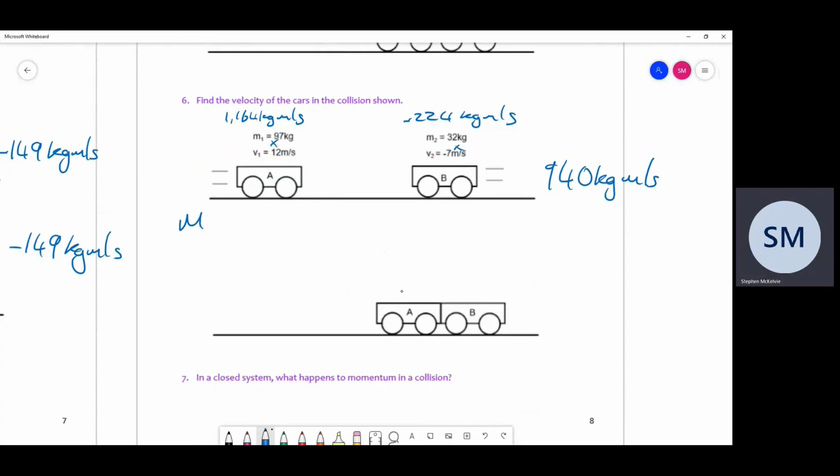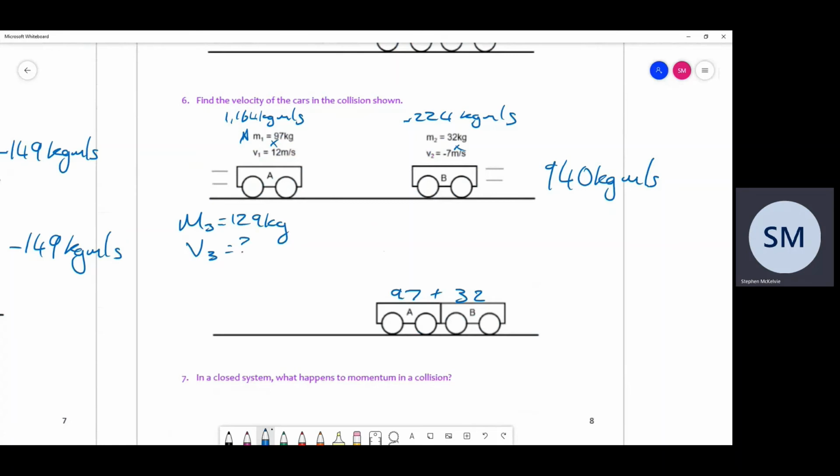The mass will equal 97 for A, we get that from up here, plus 32, giving me a total mass M3 of 129 kilograms.